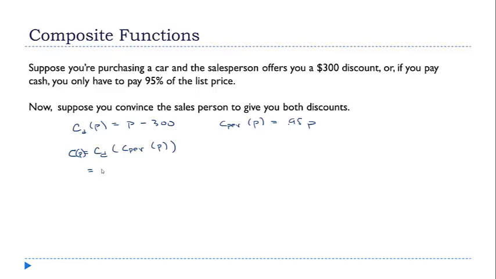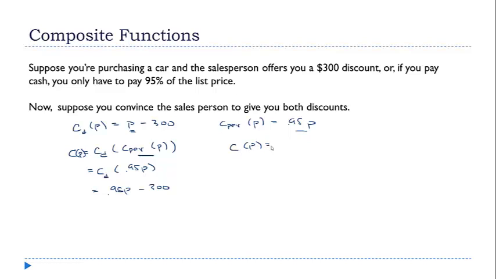So this is C of D of P. I just substituted the discount price in for the cost function. And now I'm going to go to the D function and replace that P with 0.95P. And there we get one possibility: 0.95P minus 300.